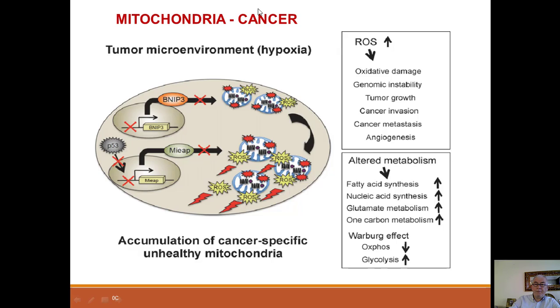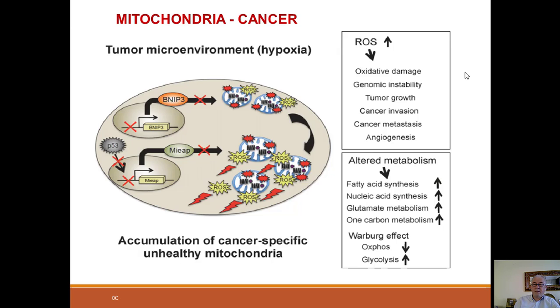And when we look at free radicals in mitochondria, free radicals result in oxidative damage and genomic instability, and after that it can be responsible for cancer invasion and metastasis and angiogenesis.